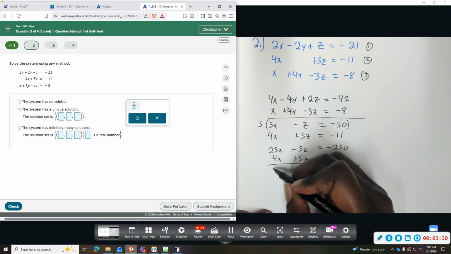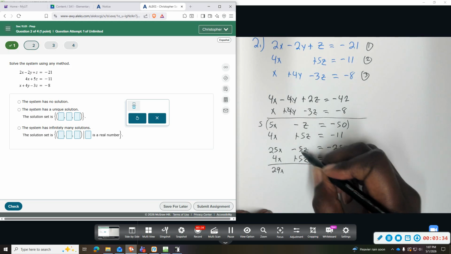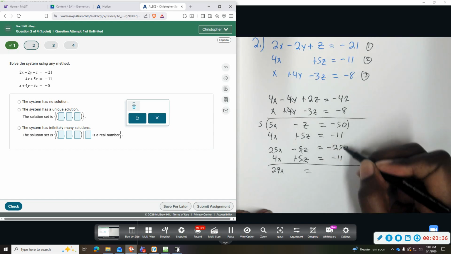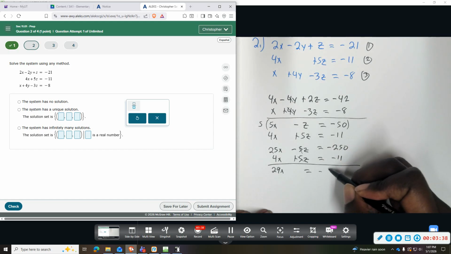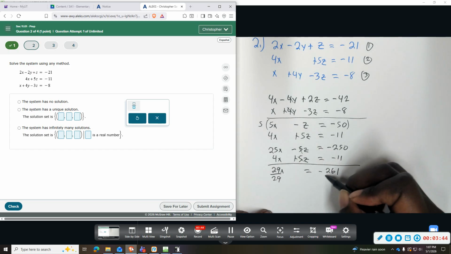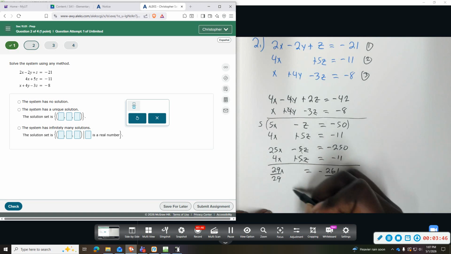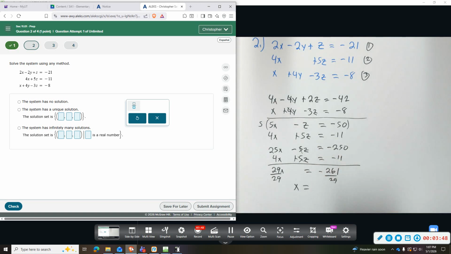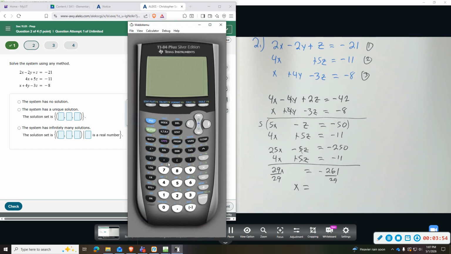This will give me 29x. That cancels out. Equals negative 261. I'm going to divide by 29 to get x. And so we'll get x equals, let's see, 261 divided by 29.